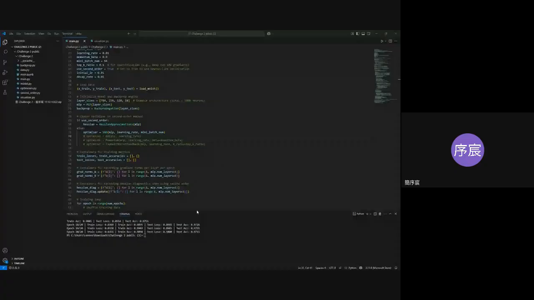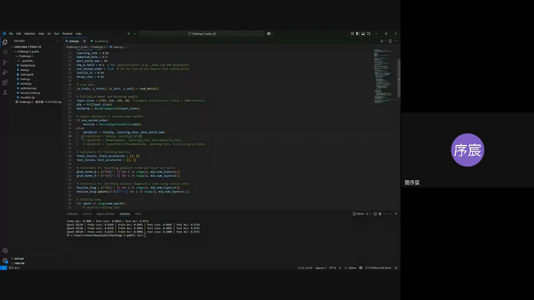We're group 3, and we have something to tell the teacher, something to clarify. We have done the top K and also second order optimization, and here's our code.